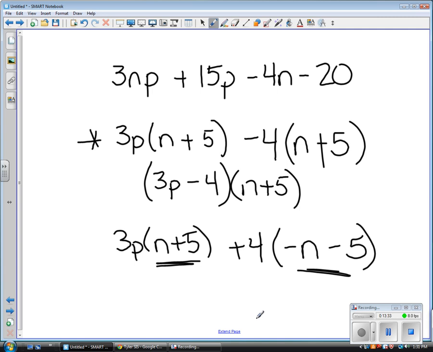It's not that you're wrong, so you don't have to necessarily erase anything, but just think, how do I change both of those from being negatives to positives? I've got to do something with a -1. Because a negative and a negative will make it positive. So even if you go this route, you can pull out a -1 next, which will make that just a -4, and you're right back to where we were.